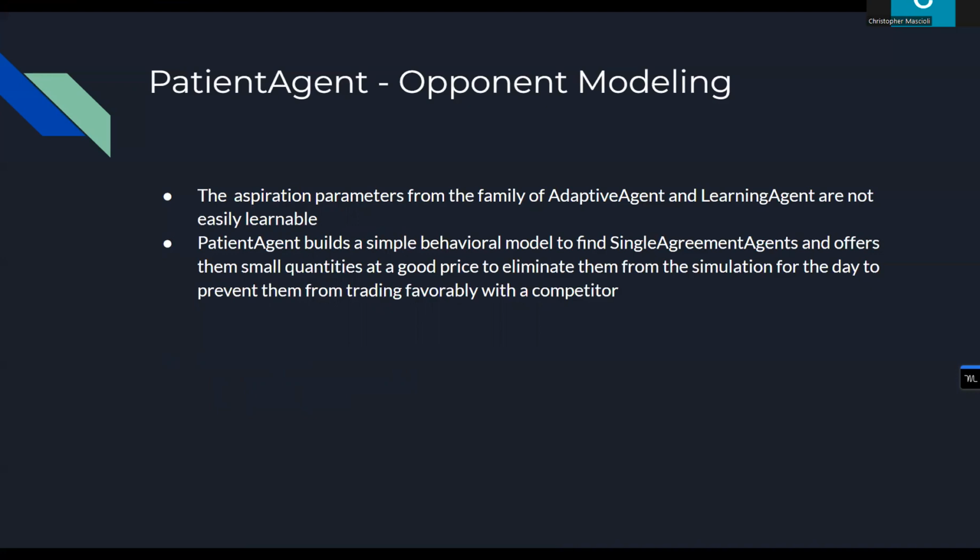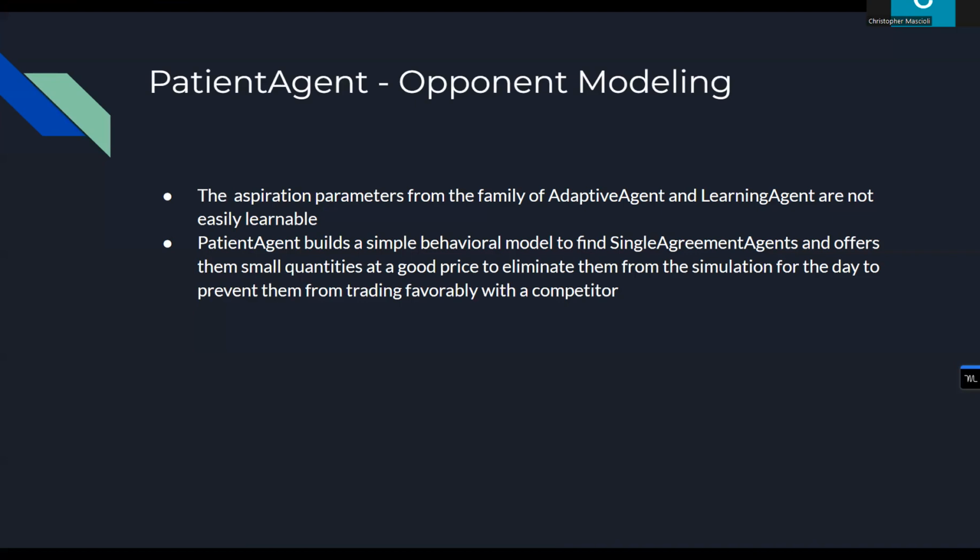So when the price changes from one round to the next, you don't really know if the price changes because another negotiation thread was successful, or if it's just due to the aspirational parameters. So if you see an offer of 316 on one step and then 314 on the next, it's really hard to see where that change of 2 is coming from. So it doesn't try to do any modeling of adaptive or learning agents.